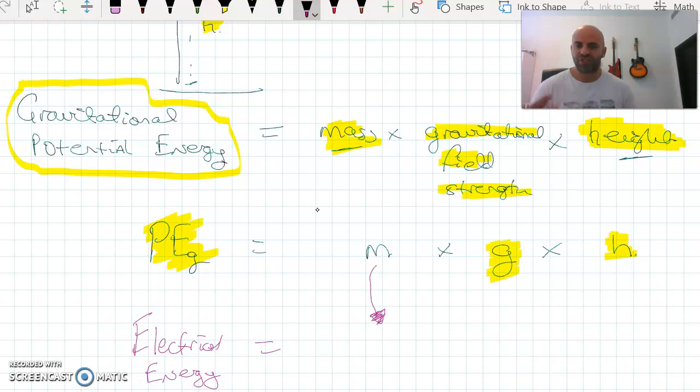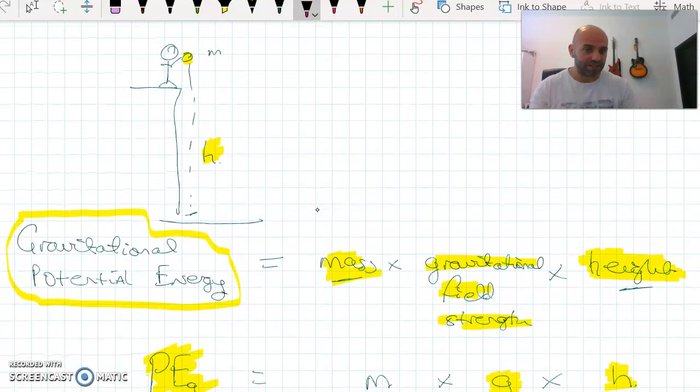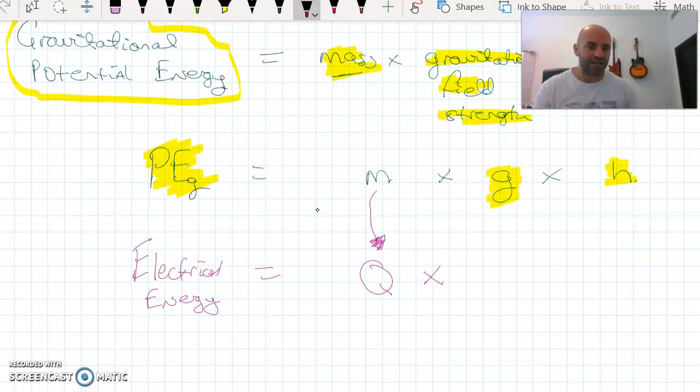So the size of the individual charge itself, times the potential difference through which we're going to pass that charge. If you think about the potential difference, that's really the height in a gravitational field. And these two things combined, the field strength and the height, are analogous to our potential difference.